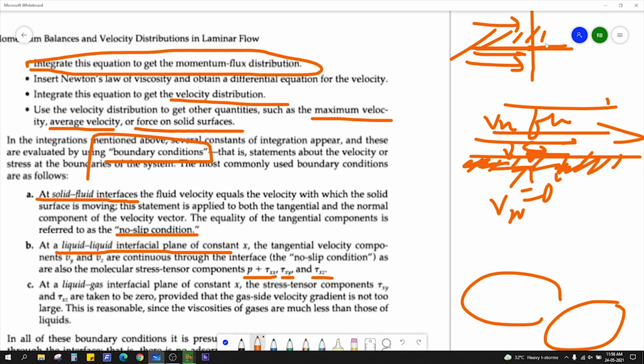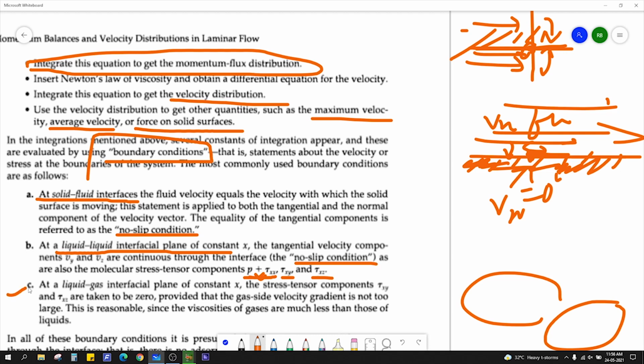They are equal on both sides. At this point, the shear stresses will be equal. It is called continuity or no slip condition because if the two fluids are moving, then at the point of contact there will be no slip. If one fluid is moving, then the other fluid will also move if it is in touch with that moving fluid. Okay.